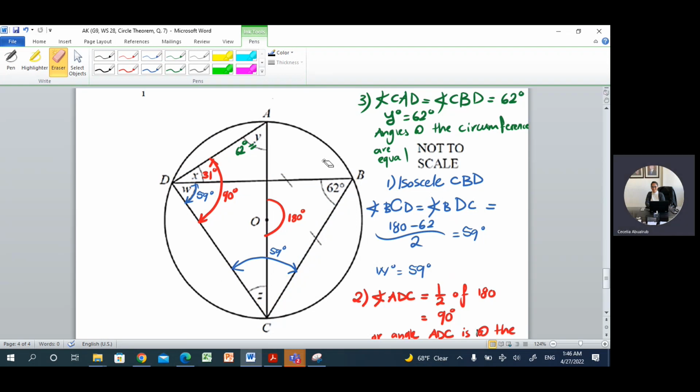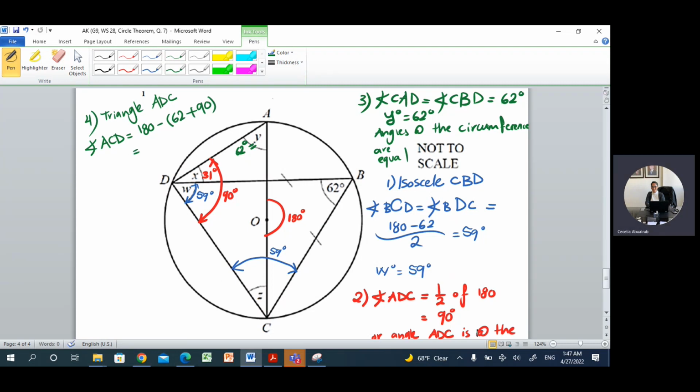So at last, the final step will be step number 4. We can go to triangle ADC, where we can find angle ACD. So angle ACD is equal to 180 minus the sum of the other two known angles, which are 62 plus 90.